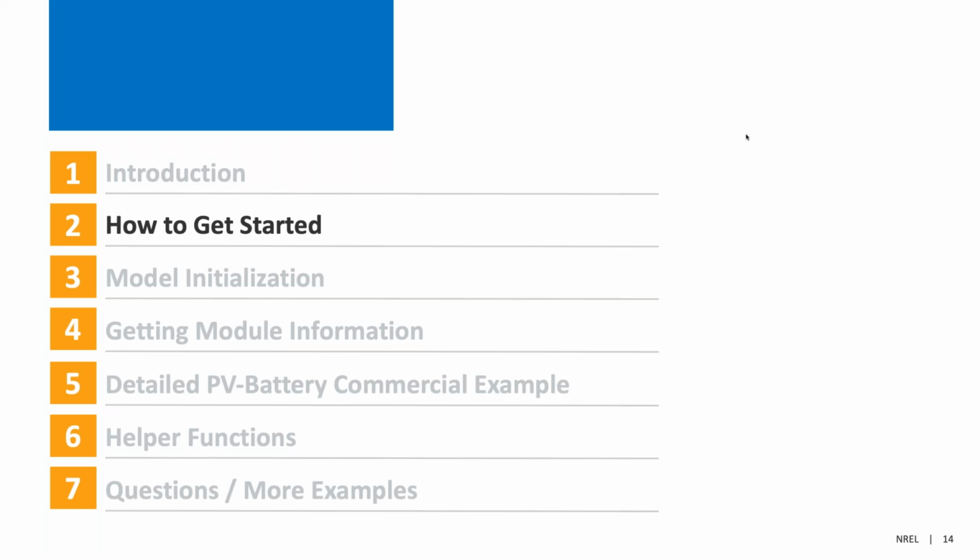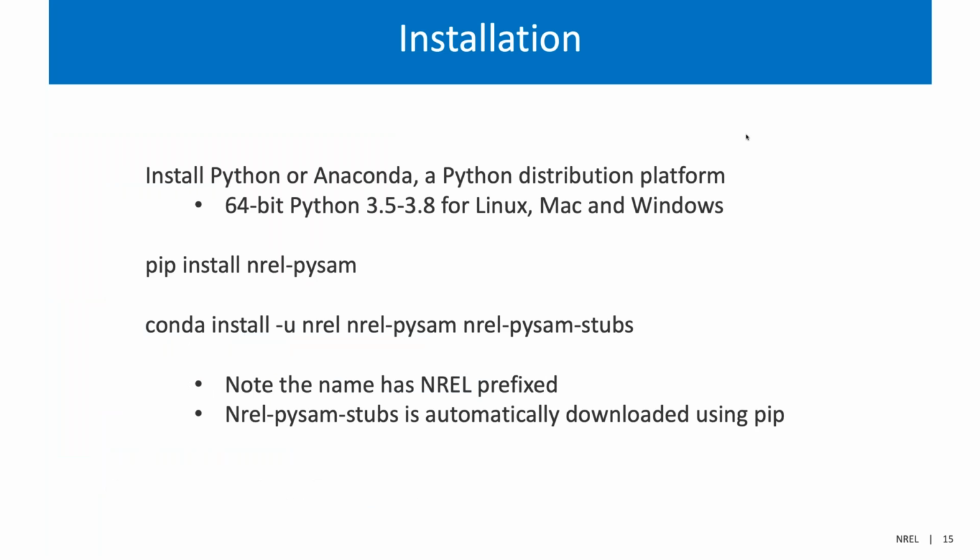Okay, so let's just see how to get started. How do we install PySAM? First, you need to install a Python distribution. You can download Python from python.org, or you can install Anaconda, which is a Python distribution platform.